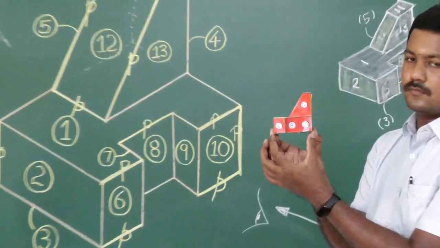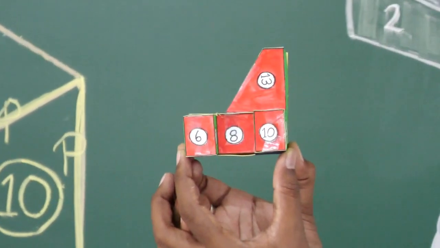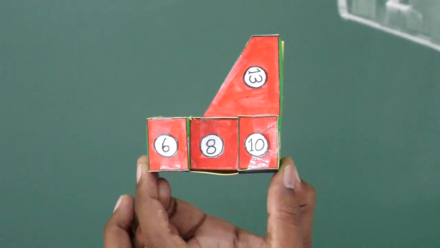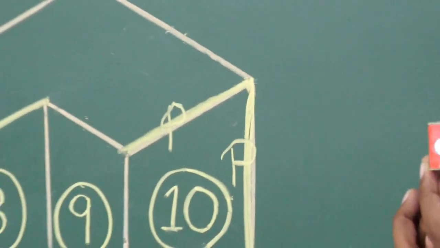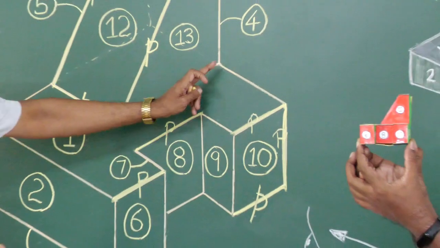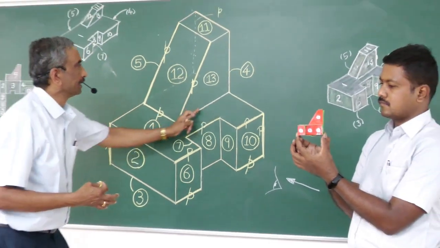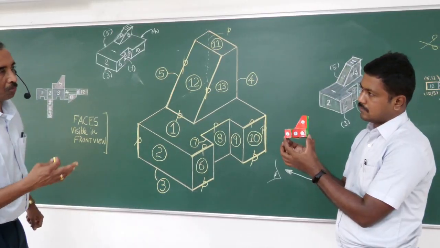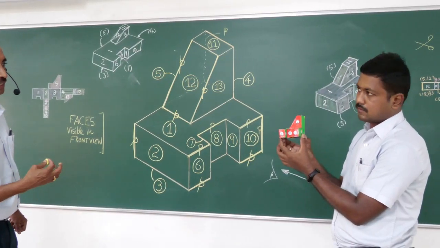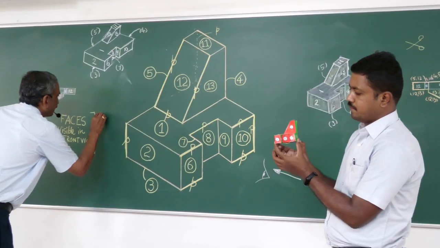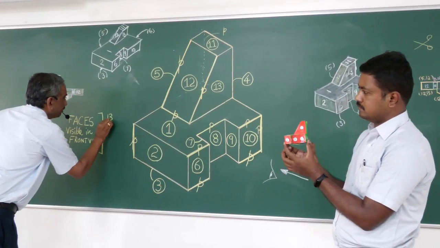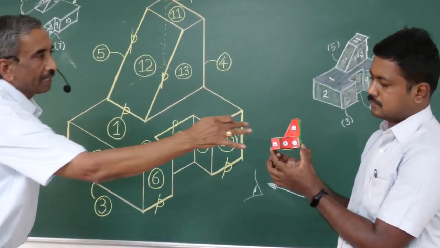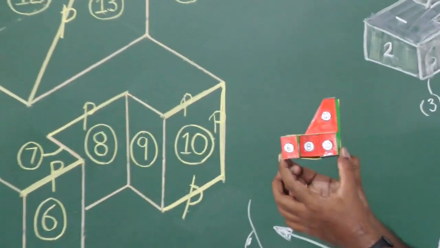He has fabricated it very nicely. He has done different colors. Each color has a meaning. If you look from the front, you can see this face. This face 13 is marked in red color. Am I right, sir? 13. So you can write down the face 13, which is seen in the front. That is the trapezium face.